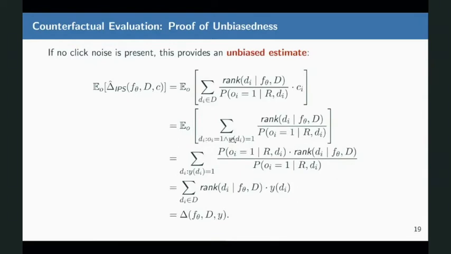But this time, we were dividing by the probability of examination. So the probability of examination again appears in the denominator, just as in the previous example, but now it's divided away by the IPS estimator. So you end up with the sum over all the ranks of all the relevant documents. And this is exactly what we're trying to estimate in the first place.